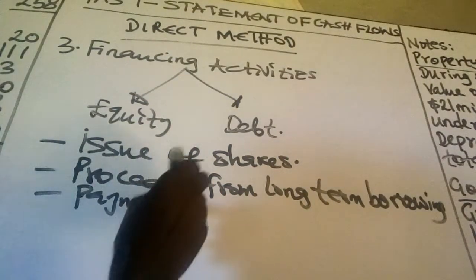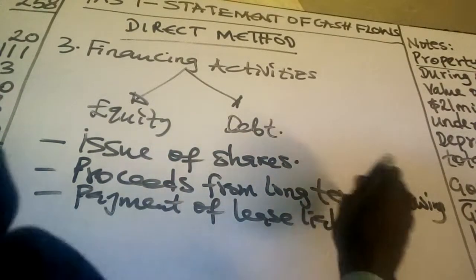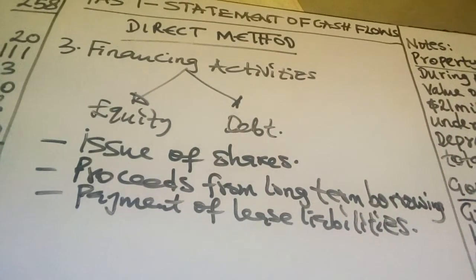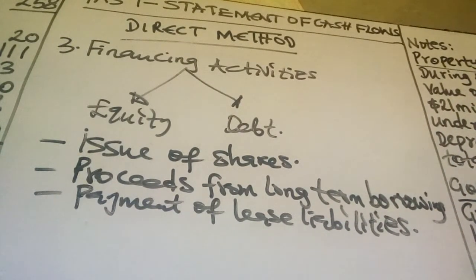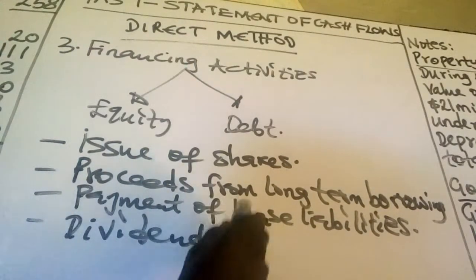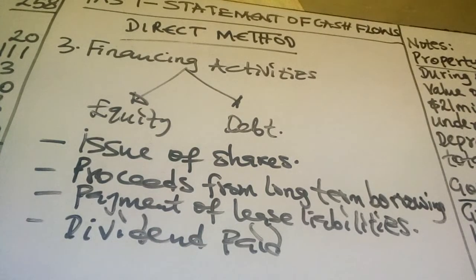Payment of lease liabilities is an example of financing activities. Then we also have dividend paid, which is also an example of financing activity.